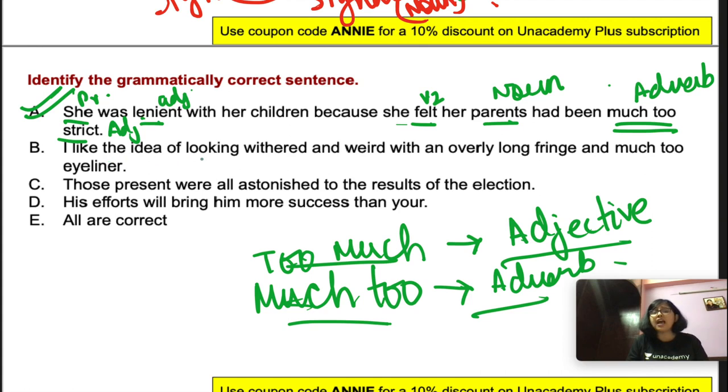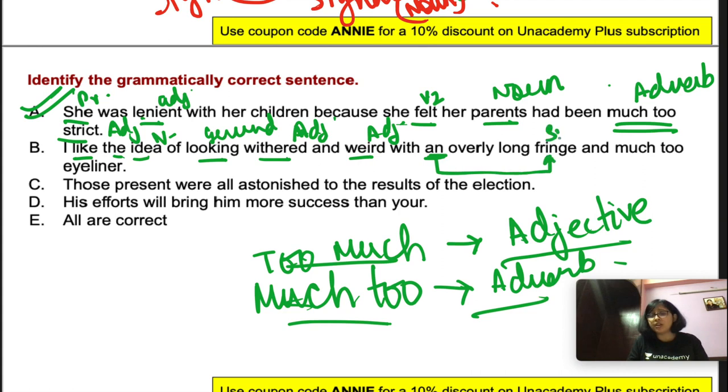Next, I like the idea of looking withered and weird. So I like the idea. Like is a verb, the plus noun, of looking. This one is a gerund, of looking. Withered is an adjective and weird is again an adjective, with an overly long fringe, a plus singular noun.